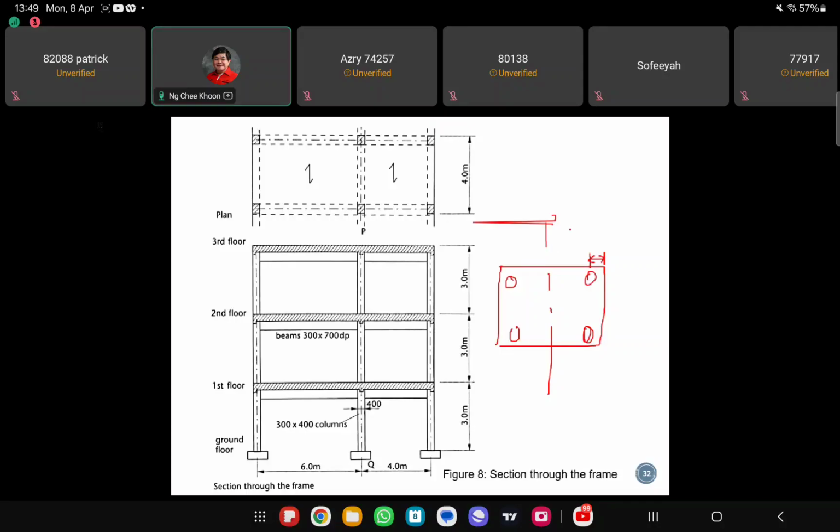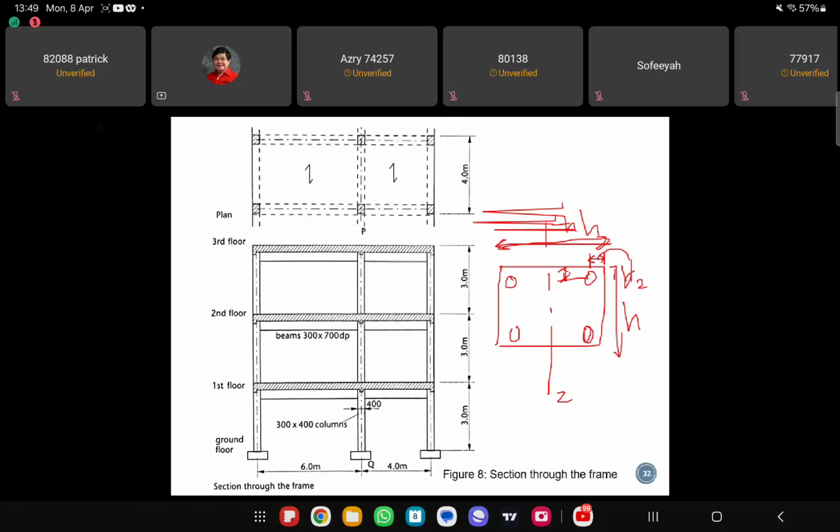So if this is the z-axis, then this one becomes the H, and then this is D2. So D2, you have to take it as the same direction of H. If your H is this way for minor axis bending, then your D2 should be this dimension.